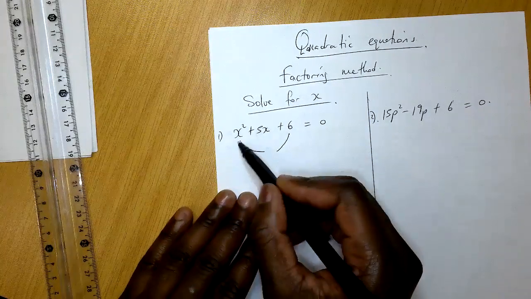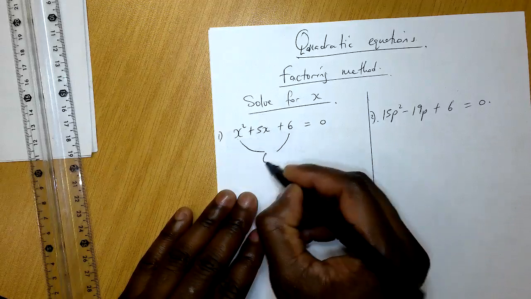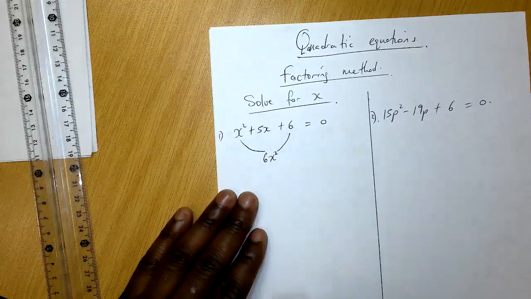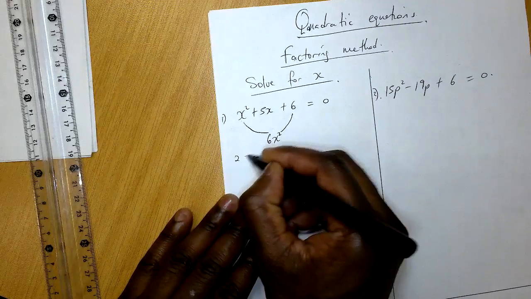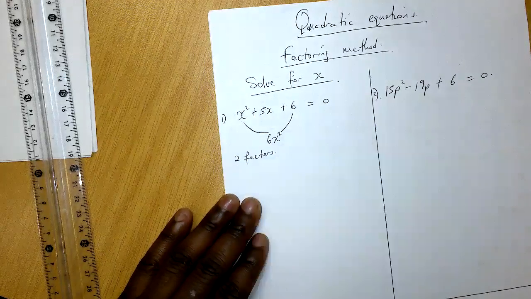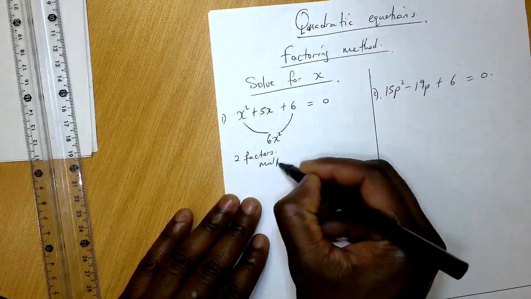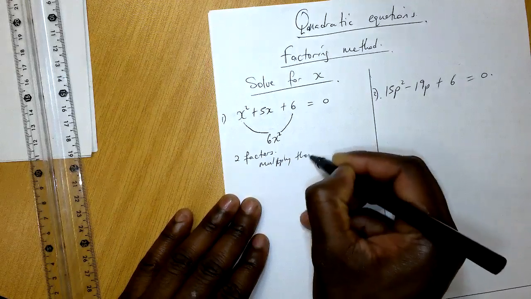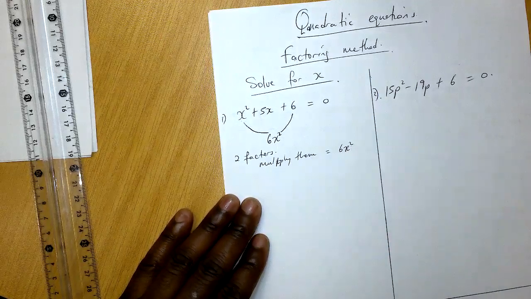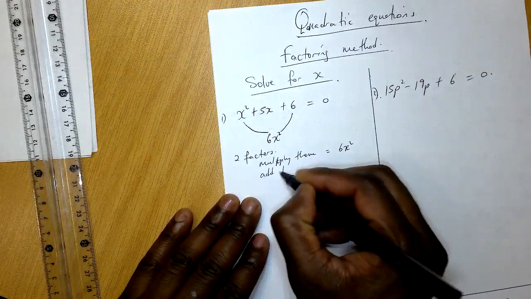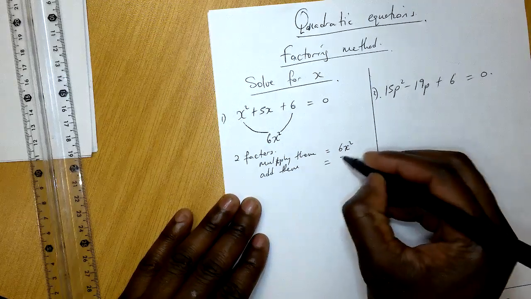So what I'm going to do here: 6 times x squared, you get 6x squared. Then you look for two factors. These two factors, you multiply them to get 6x squared, then you add them to get 5x.